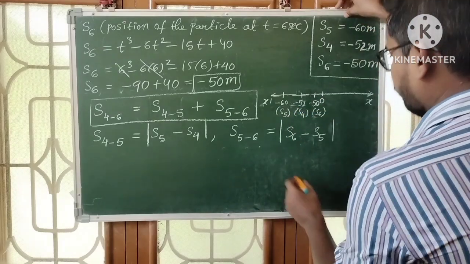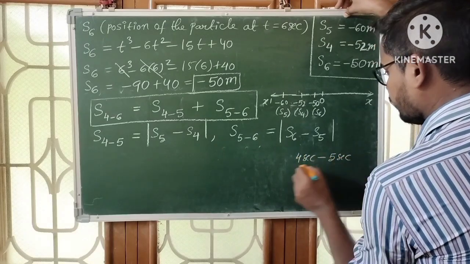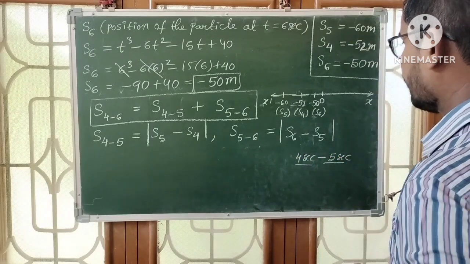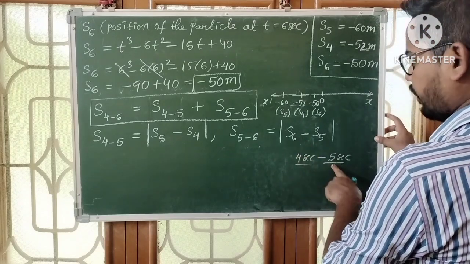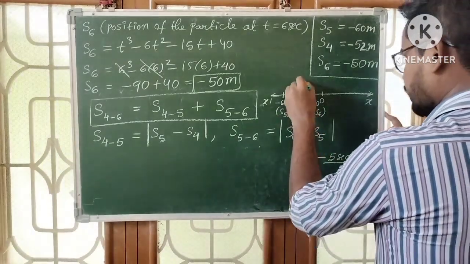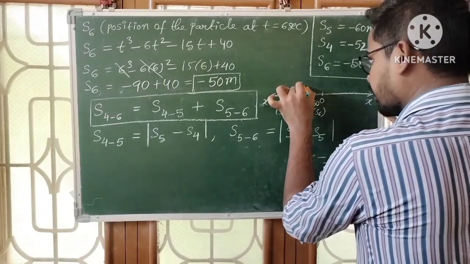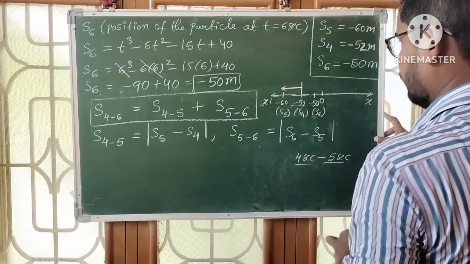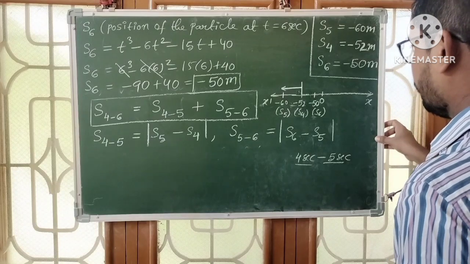From 4 seconds to 5 seconds, the particle moves. This is 4 seconds, minus 52, and then 5 seconds. So from 4 seconds to 5 seconds, the particle moves backward in the direction.